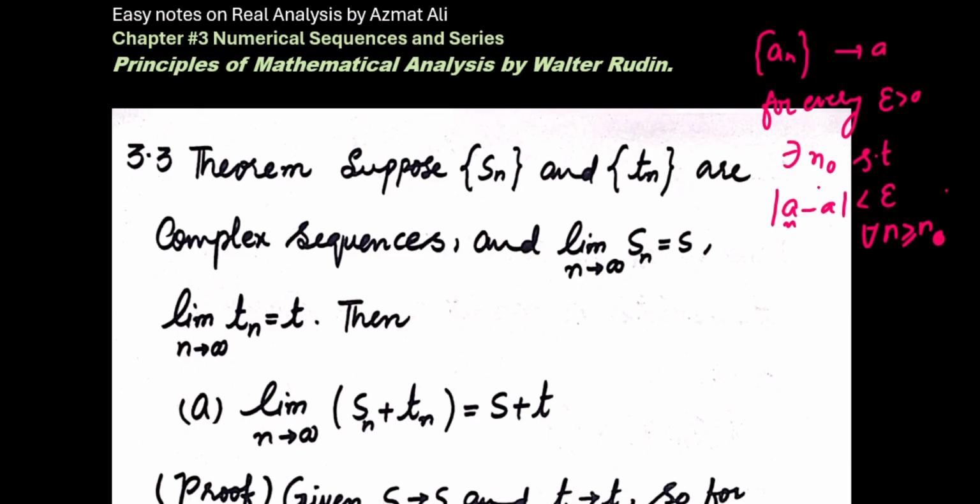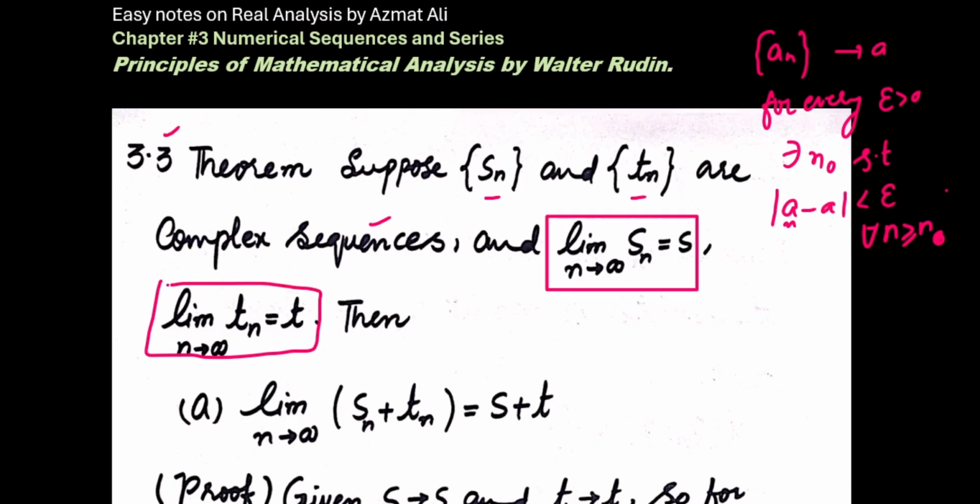I will use this definition to prove this theorem 3.3. This theorem says suppose sn and tn are complex sequences. We have two sequences sn and tn, and it is given that the limit of sn is s and the limit of tn is t.